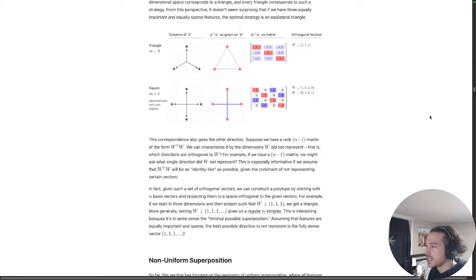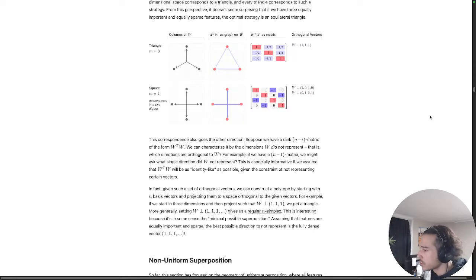I'm sure it makes complete sense mathematically and rigorously, at least I hope it does. Next to that, we see WᵀW as matrix: a 1 on the diagonal, and for example, a 1, 0, negative 1 in both the first column and first row, and that pattern continues. And then orthogonal vectors: W orthogonal to (1, 0, 1, 0), and W orthogonal to (0, 1, 0, 1).